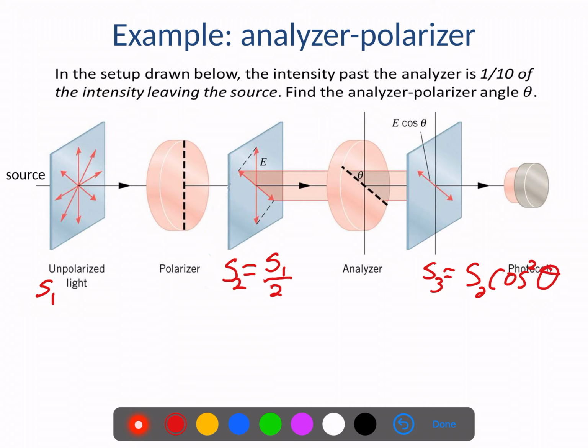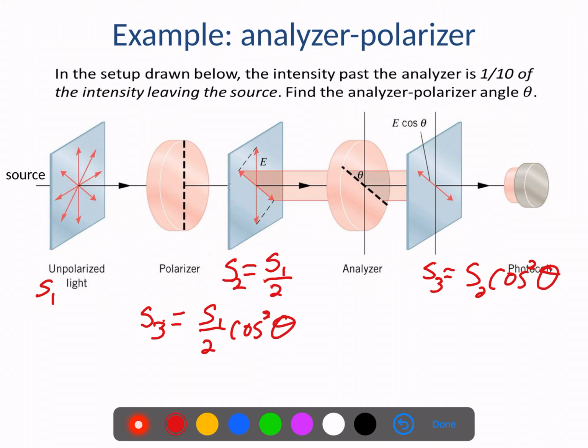So I can make a substitution here: I'm going to replace S2 with S1 over 2. And so S3 is going to be S1 over 2 cosine squared theta.